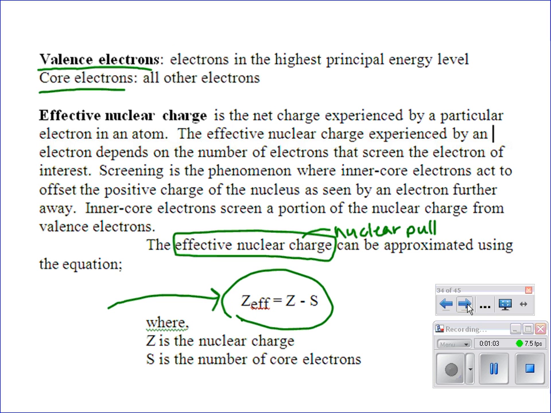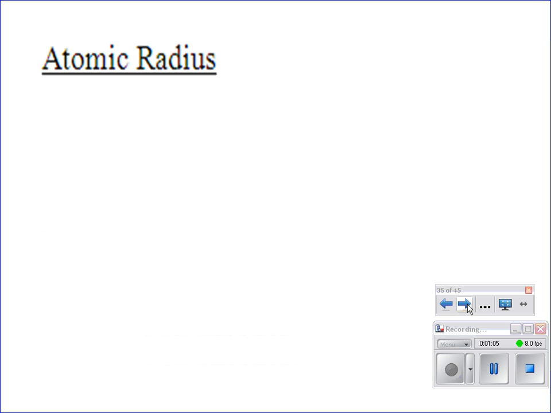So moving on, we started out discussing the trend of atomic radius. As you go down the periodic table, atomic radius increases due to something that the AP people like you to term as shielding.